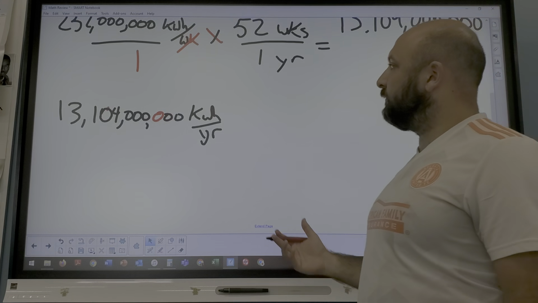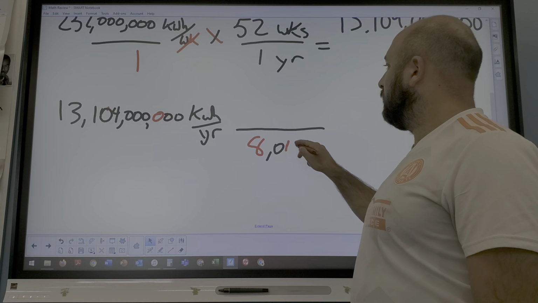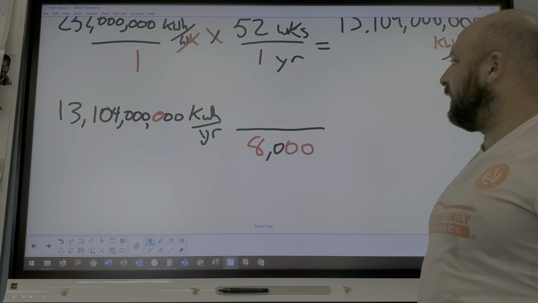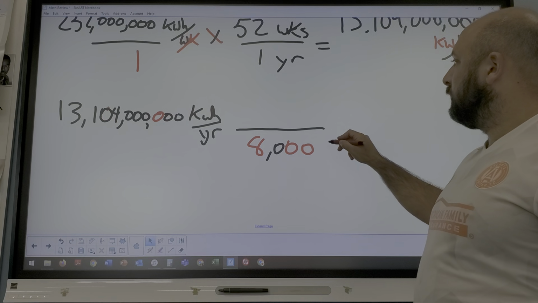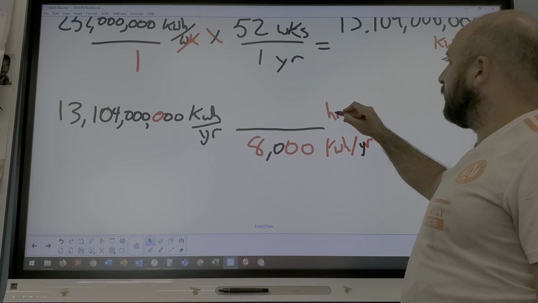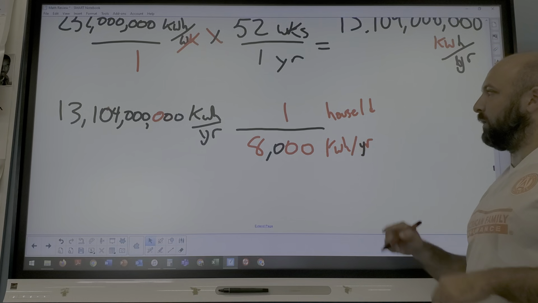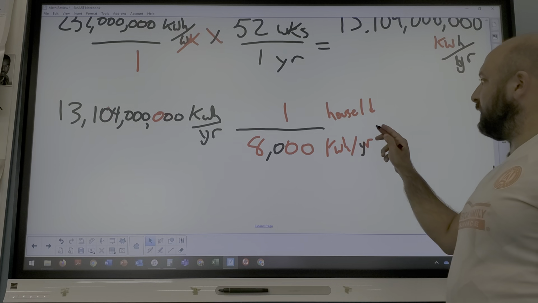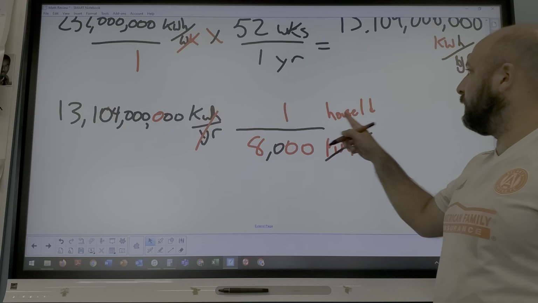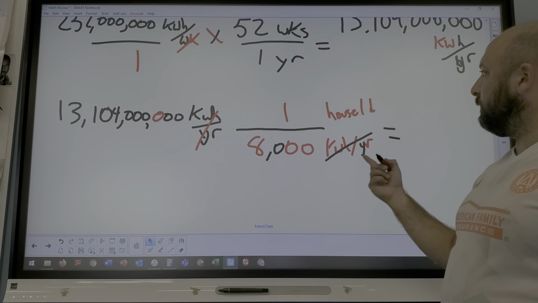Well, it's for each house, so I want to divide by that 8,000 to find out per household. One household uses that much per year. So that means that these units will cancel, leaving me with the number of households.